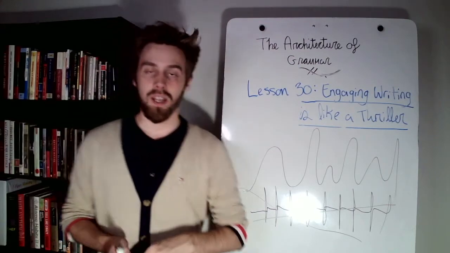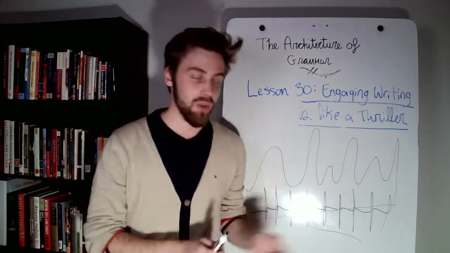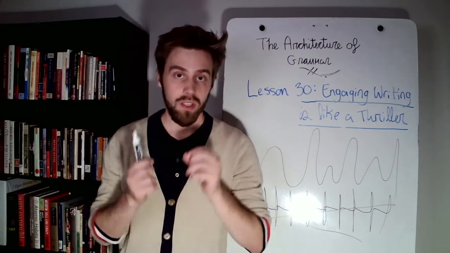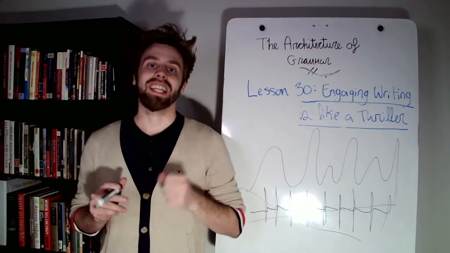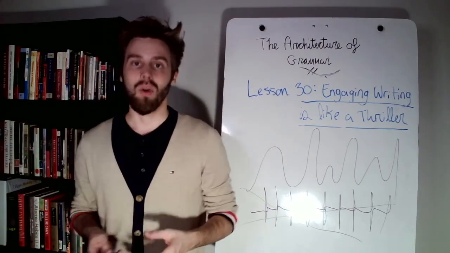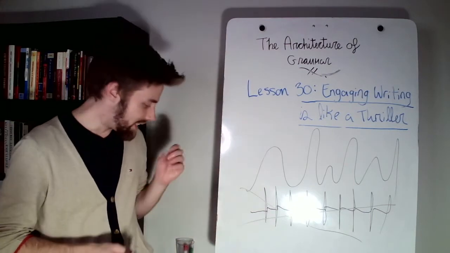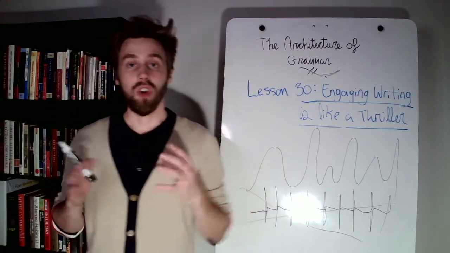At the end of the day, and this is what I want to leave you with, if you've learned anything from this video series, and I want it to be this, good writing is writing in which the writer is invisible. Good writing is writing in which the writer is invisible. There is a notion in cinema, in filmmaking, called the fourth wall.